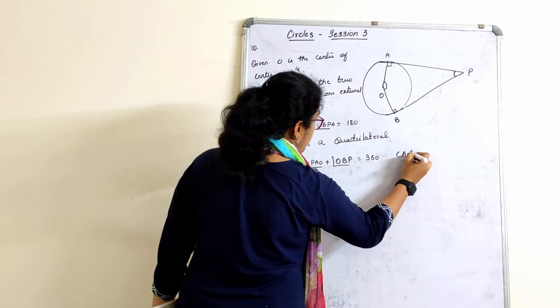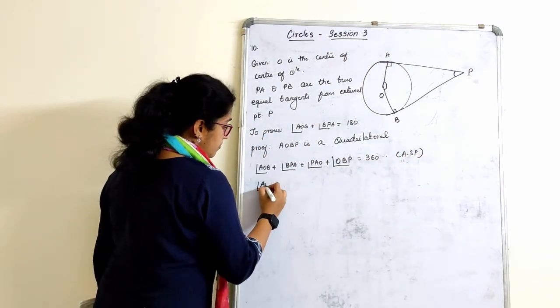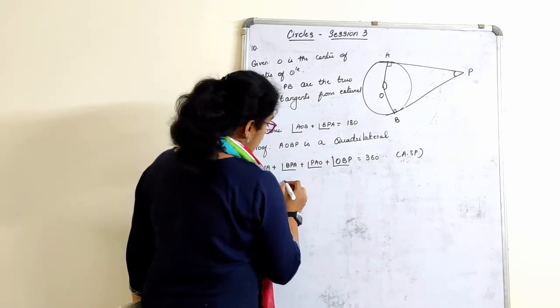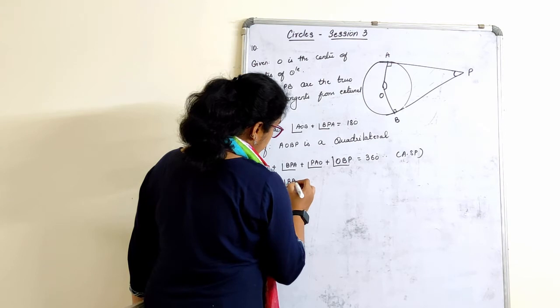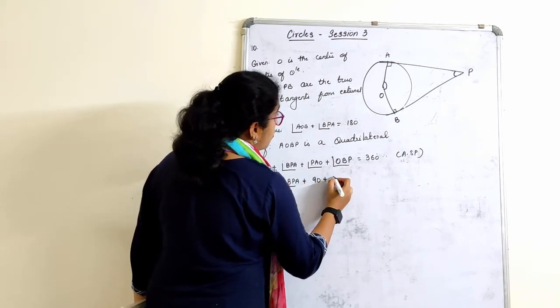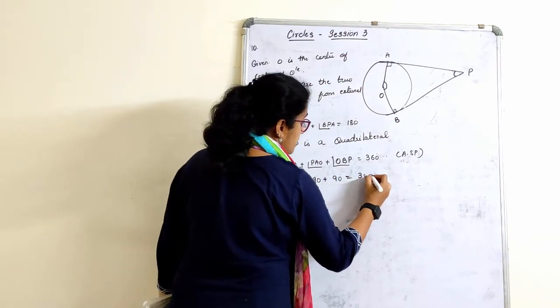And it's a property of a quadrilateral. Now AOB as it is plus BPA also as it is plus PAO is 90, OBP is also 90, is equal to 360.